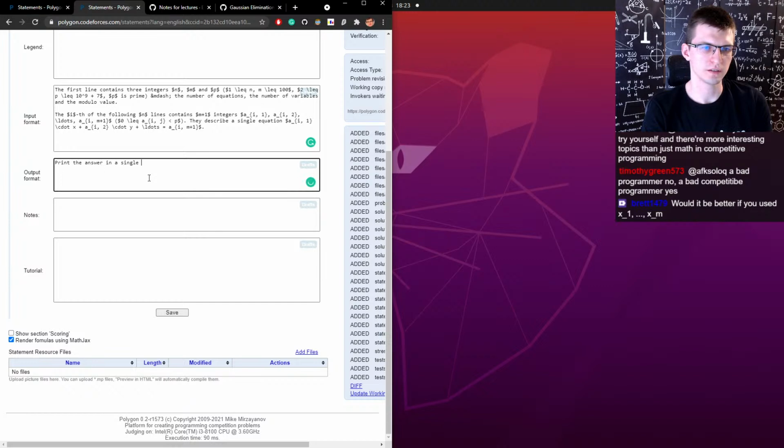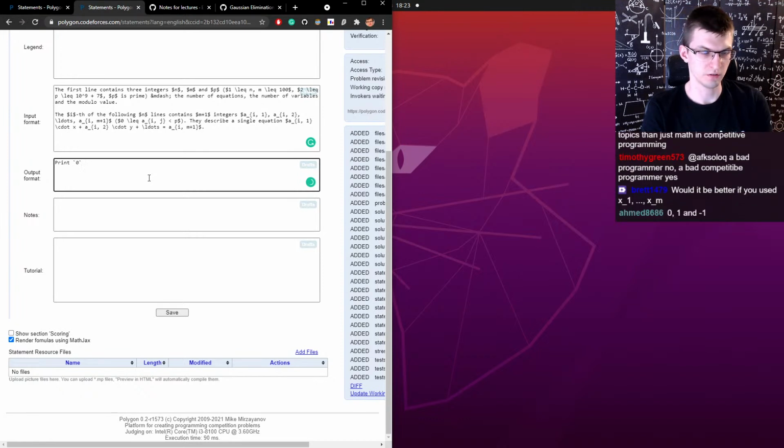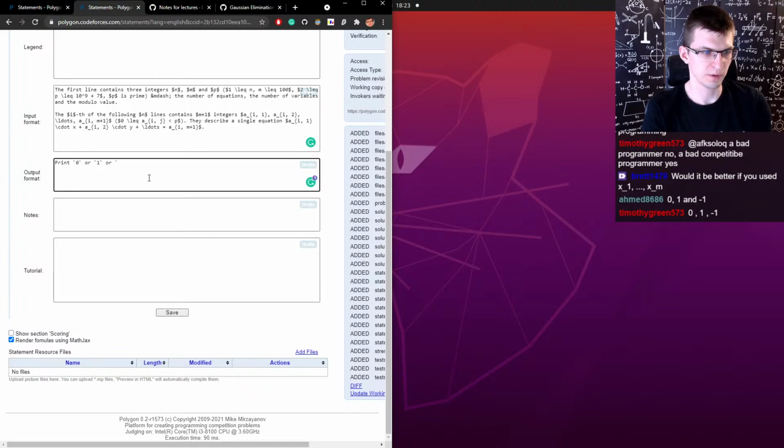Answer in a single line. Print 0 or 1 or -1. Would be better if you used this. I thought about it before.